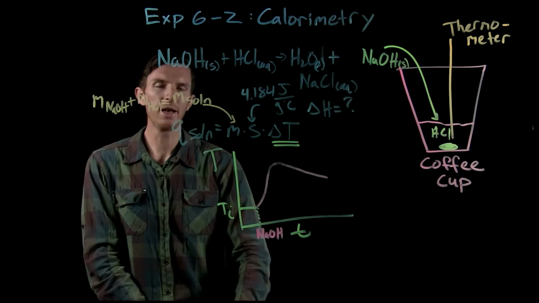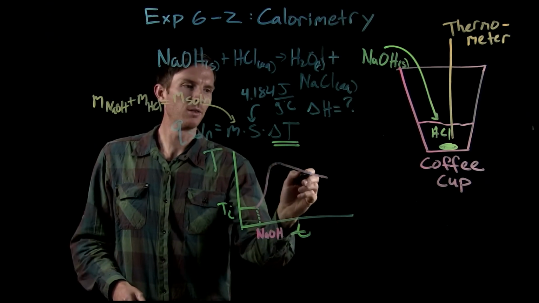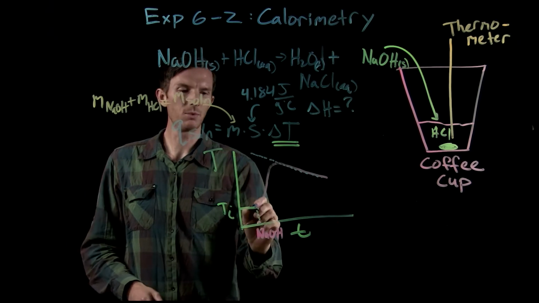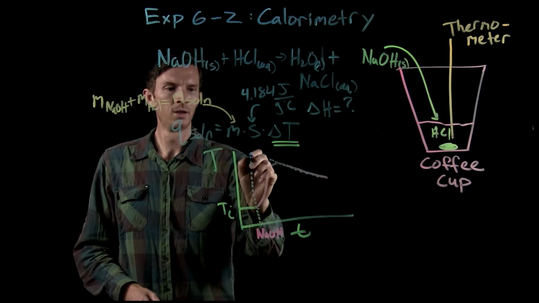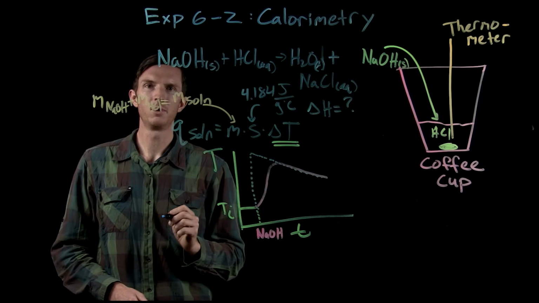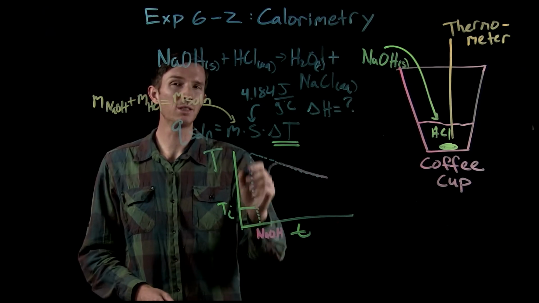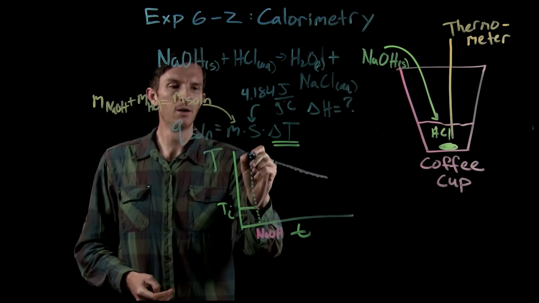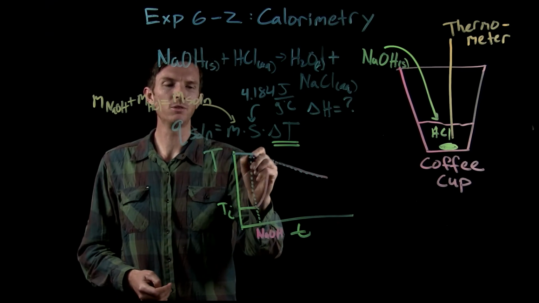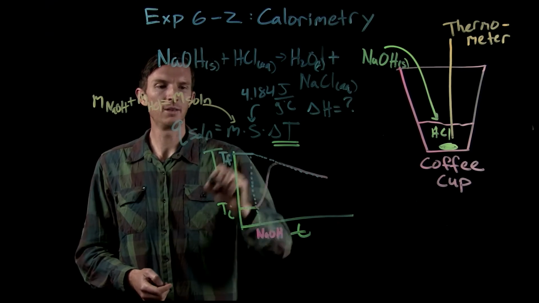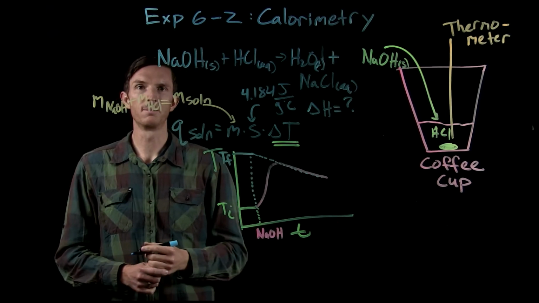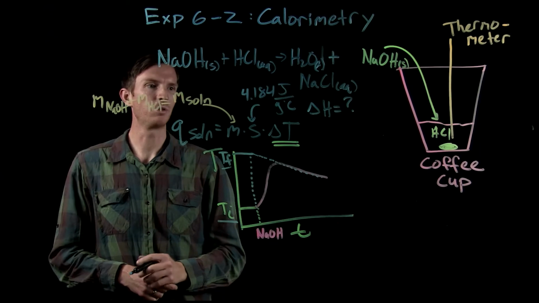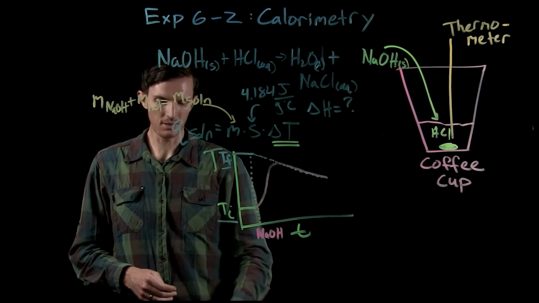What we can do is extrapolate this graph or curve here until it reaches the place that we added in our sodium hydroxide, the reaction point. Right here, that temperature where those two lines meet, that is what we're going to call our final temperature. So now we'll have our final temperature, we'll have our initial temperature. We can calculate delta T.